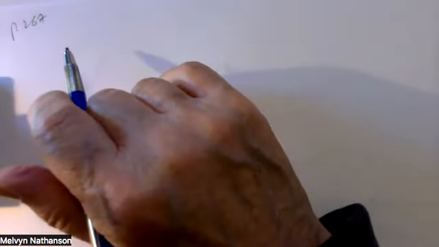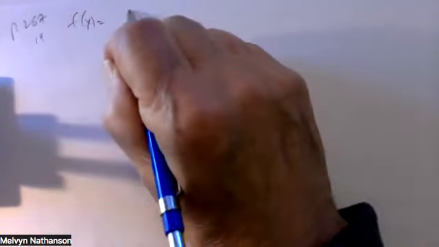So let's look again at some exercises. We'll go to page 267. Suppose we take the function, and this is number 19, f of x equals 4 minus x squared.